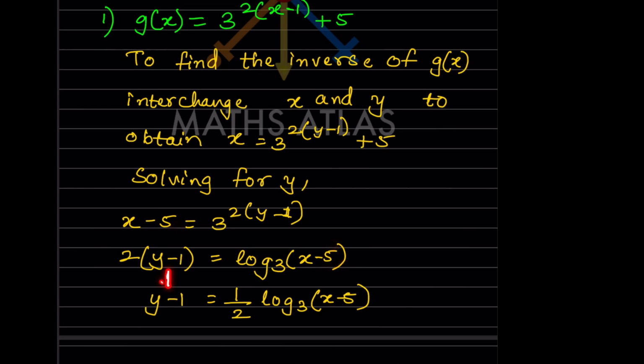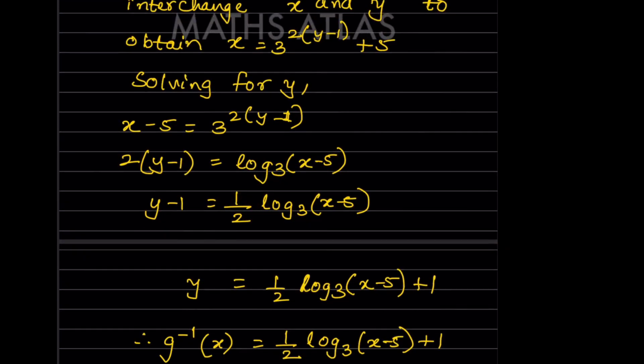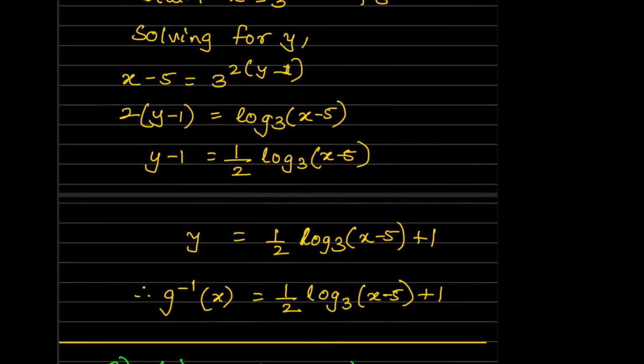Now you will take the 1 to this side, and the 2 will go to the other side, because it is multiplication, so 2y minus 1 is log of x minus 5 to the base 3. That gives y equals 1 by 2 log of x minus 5 to the base 3, plus 1. Here y is g inverse of x. So g inverse of x will be 1 by 2 log of x minus 5 to the base 3 plus 1. So this is the answer.